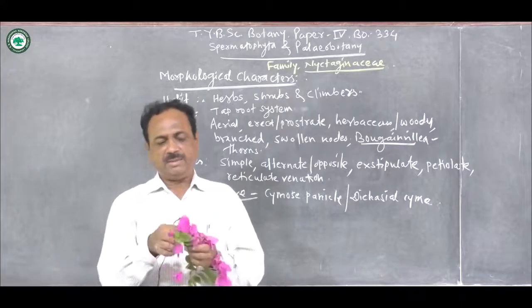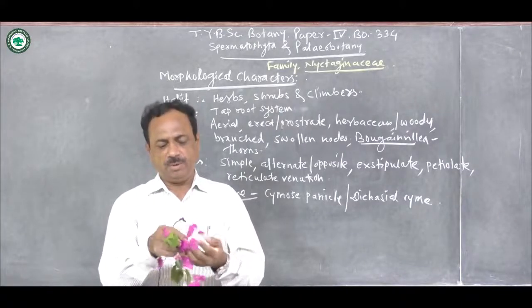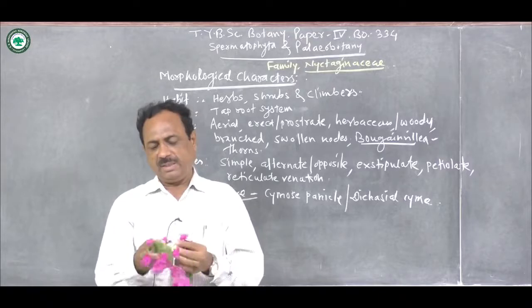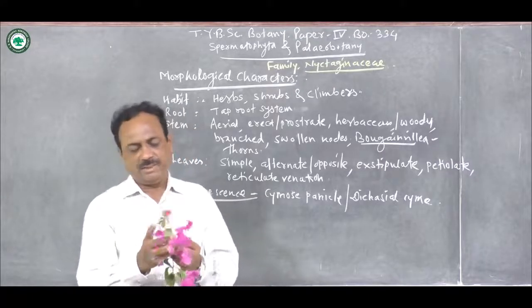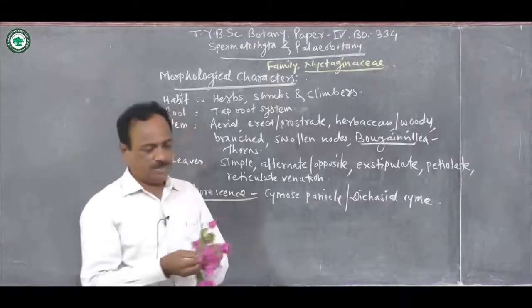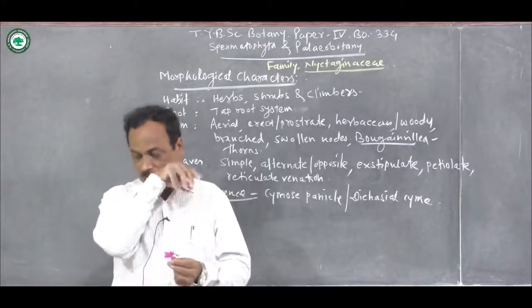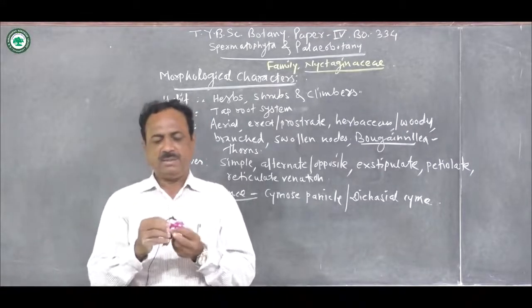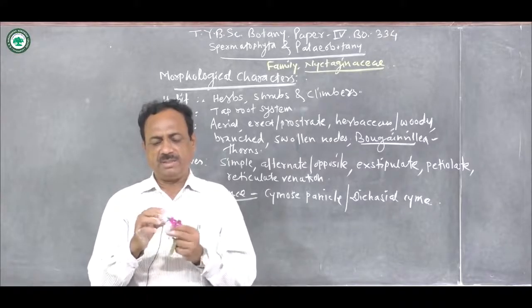And as I told you, if you see the inflorescence, it may be an axillary cymose panicle, or maybe a dichasial cyme. If you see here, this is the inflorescence showing the dichasial cyme.